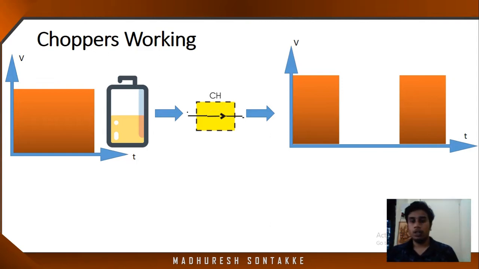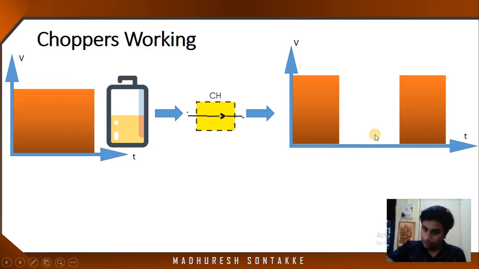the cycle goes on. Now if you carefully observe this waveform, you may see the waveform can be classified into two parts, one where the voltage is present and one where the voltage is absent.